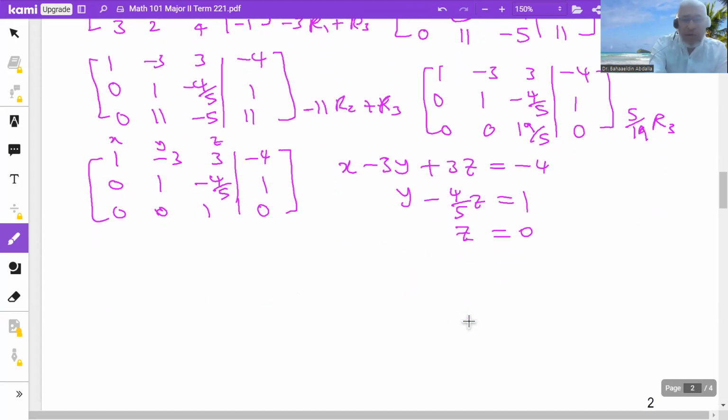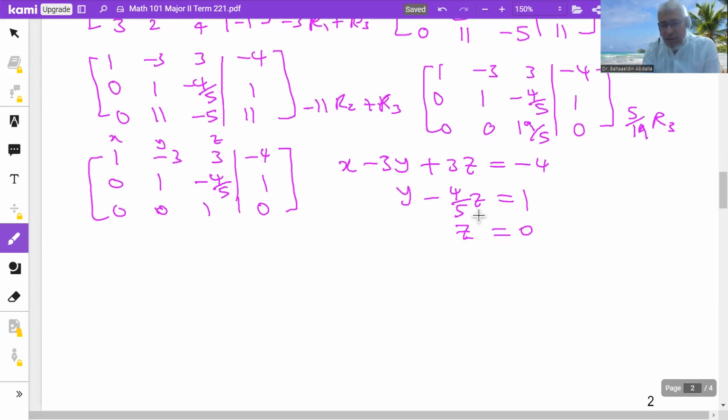So always you will get the value of the third variable, which is z. And then you use a method called back substitution. You go back, you put z in the second equation, 0, so you get y minus 0 equals 1, so in fact y equals 1. And then you go back to the first equation and you replace y by 1 and z by 0. So I'll have x minus 3 times 1 is -3, plus 3 times 0 is 0, so there is no need to write plus 0, equals -4.